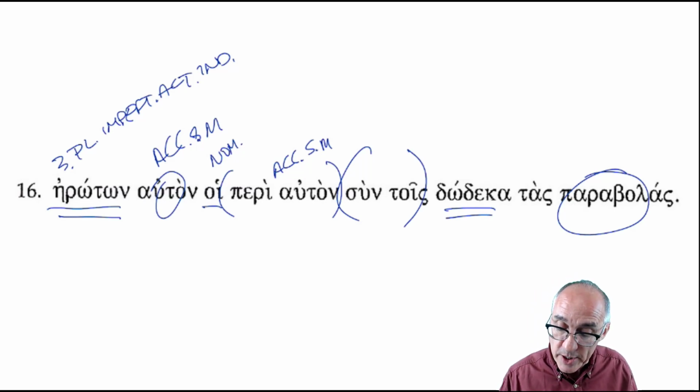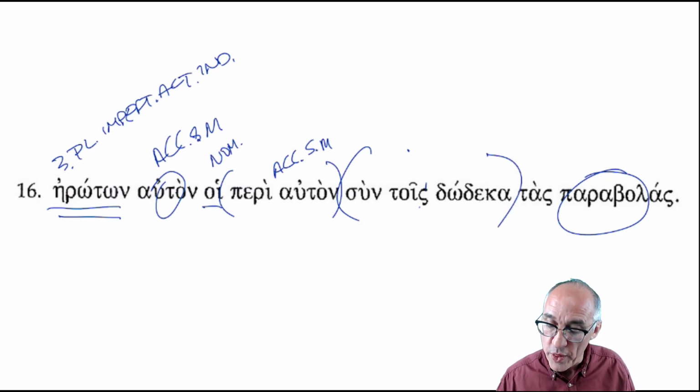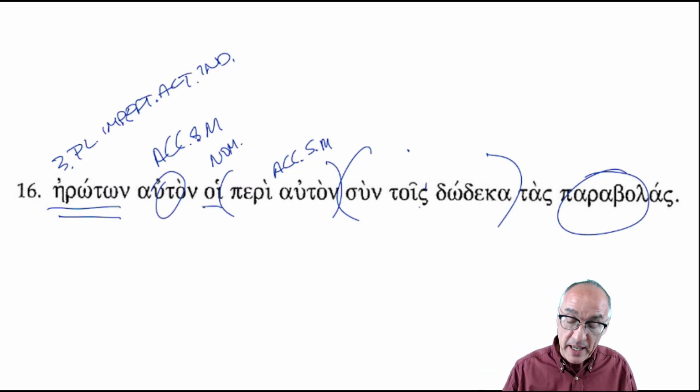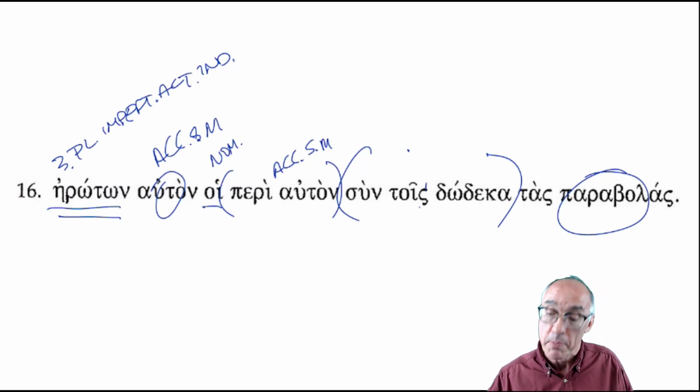I neglected to bring into, I was completely wrong on that one. I'll edit that out, don't worry. With those 12. Dodeca doesn't change forms. Threw me a little bit. It's okay. Regroup. And again, I'll edit it out so you won't know any better. They were asking him, those around him, with the 12, asking him about the parables.